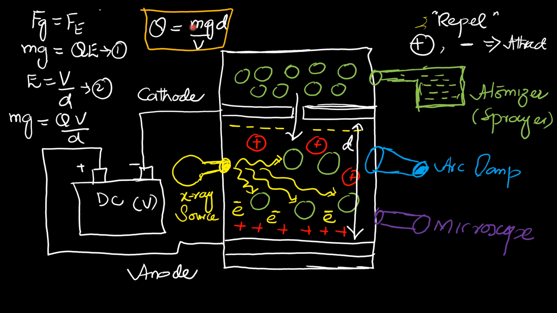Both these are known. d is the spacing between the two electrodes, and V is the applied voltage. So all these physical quantities are known.